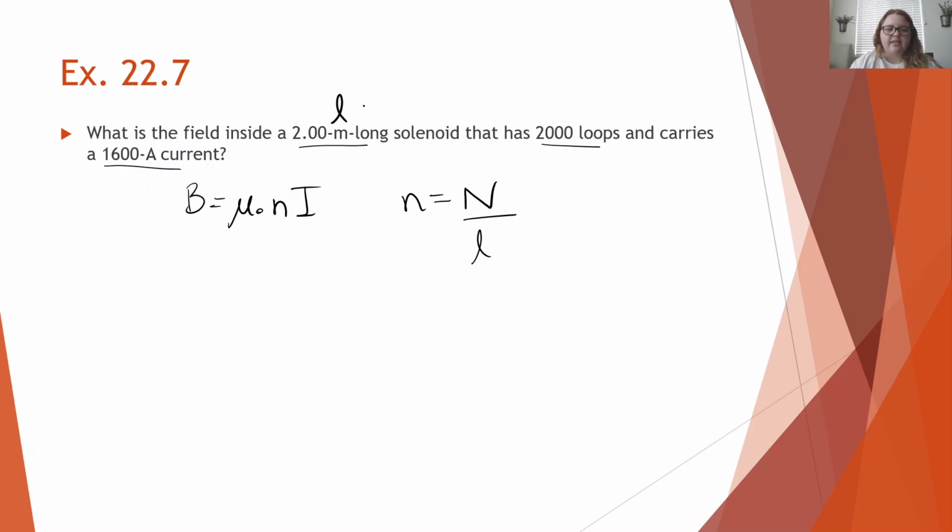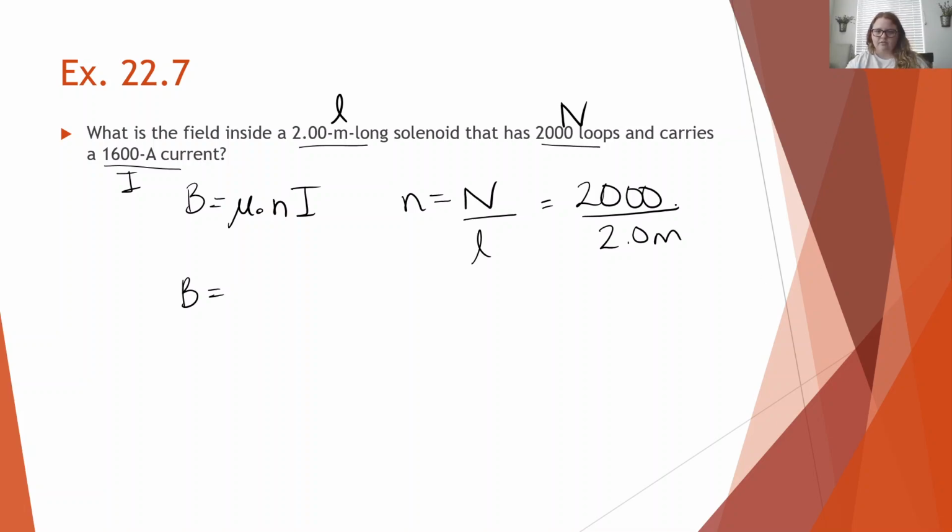So we have the length here, we have the number of loops, and we have the current. So small n is equal to 2,000 divided by 2 meters, so that's going to be equal to 1,000 per meter.